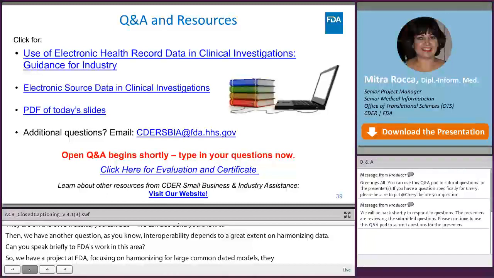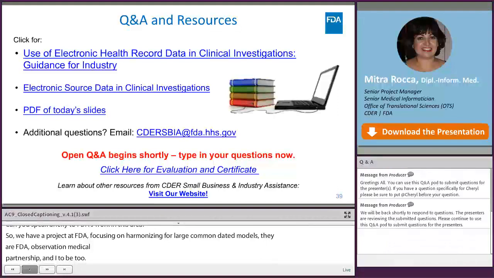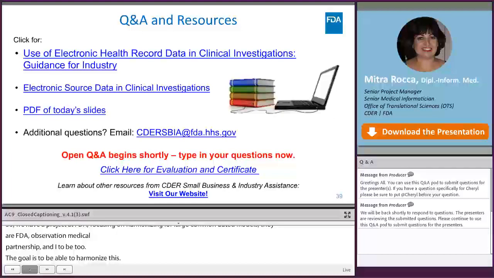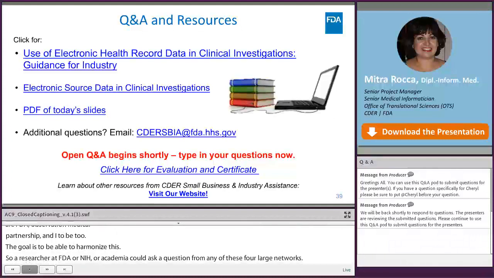And the goal is to be able to harmonize these 4 models, so a researcher at FDA or NIH or academia could ask a question from any of these 4 large networks for post-market surveillance and also for pre-market. I'm going to hand it over to Cheryl to continue answering your questions.